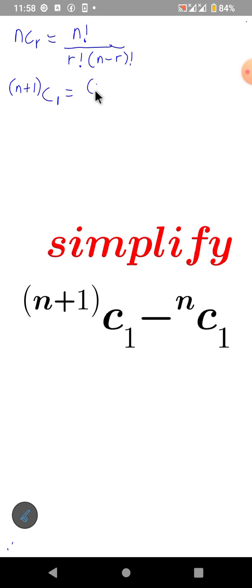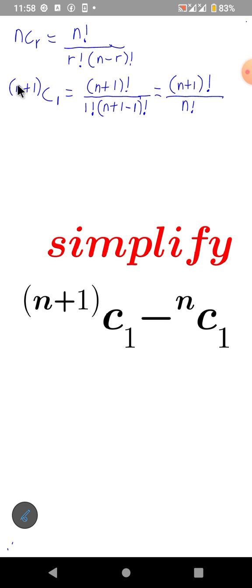So we say n plus 1 factorial all over my r factorial. Now r is 1, so we say 1 factorial open bracket n is n plus 1, so we say n plus 1 minus r is 1, so we say 1 close our bracket, put our factorial symbol here, then we continue. n plus 1 factorial all over 1 factorial is 1, minus 1 is 0, so we are just left with n factorial here.